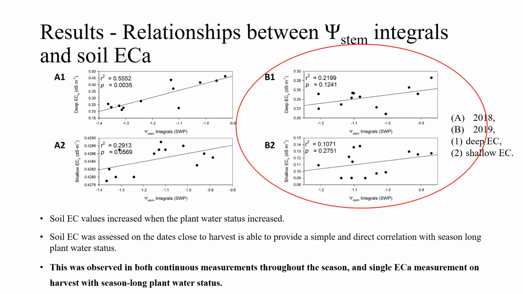These two correlations were not statistically significant. Overall, the soil ECA assessed on the days close to harvest was able to provide a simple and direct correlation with season-long plant water status, just like what we observed with the continuous measurement on ECA in the first section of this presentation.